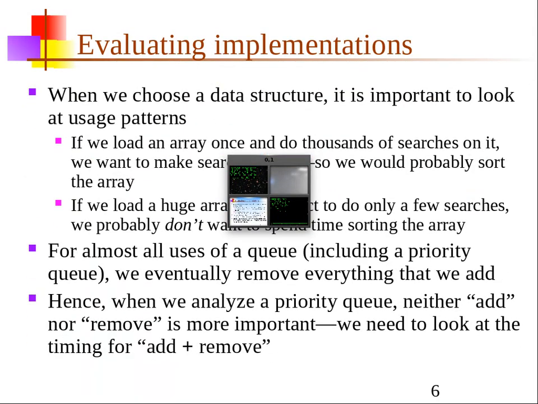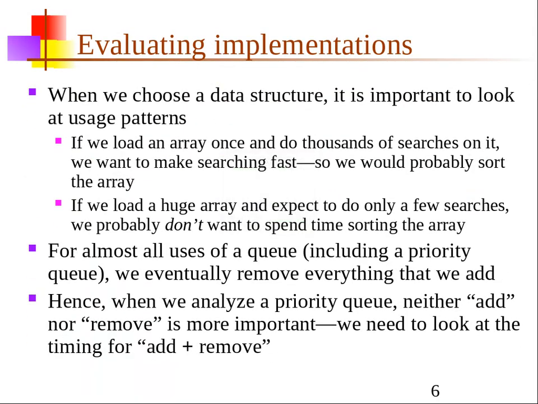But the most important thing before we start the analysis is to notice that we're not just doing add and remove separately. With a priority queue you're adding things and removing them, doing both at the same time, so it's very important that we consider both. Let's write the big O up here.